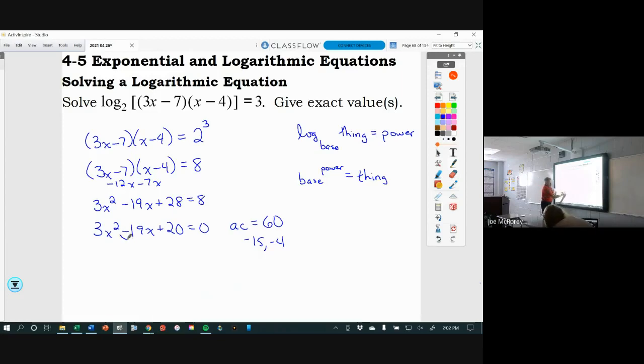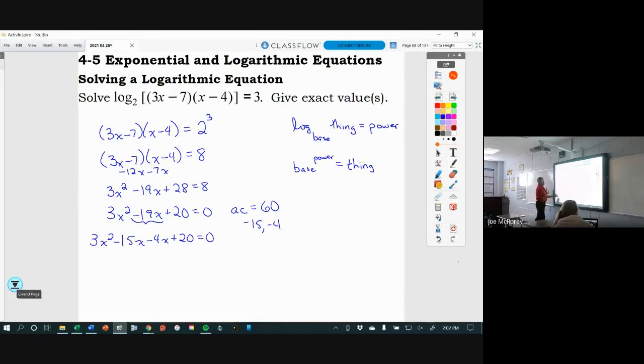I'm going to break this guy up. So I have 3x squared, and I don't care which one you do first. Factor by grouping. What does my first group have in common? 3x.